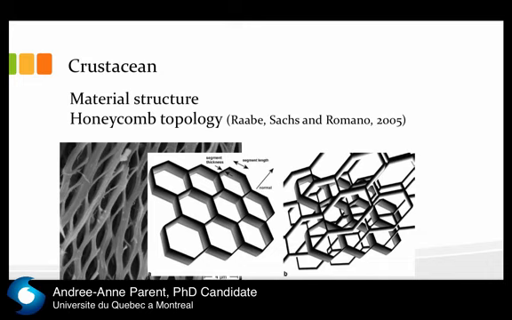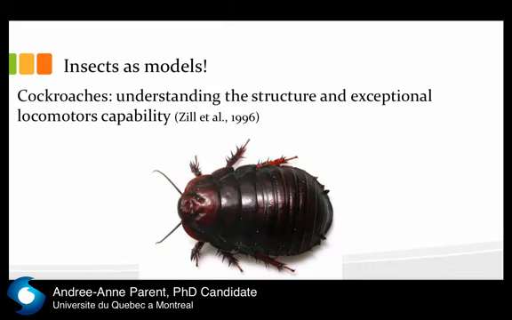In biology, we study this material structure because it's really strong and really impressive. When you see the crustacean, they have a honeycomb topology. Its structure is really strong, so you can maybe think about it for your structure. But also insects as a model, like the cockroach.